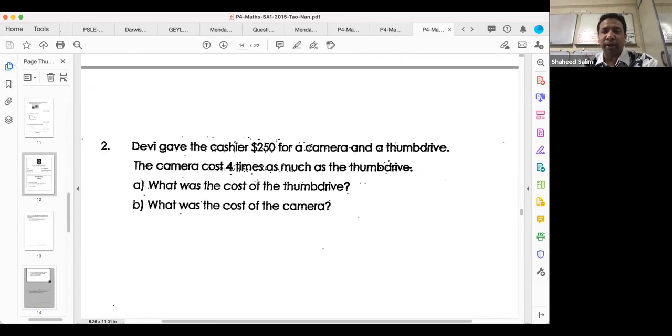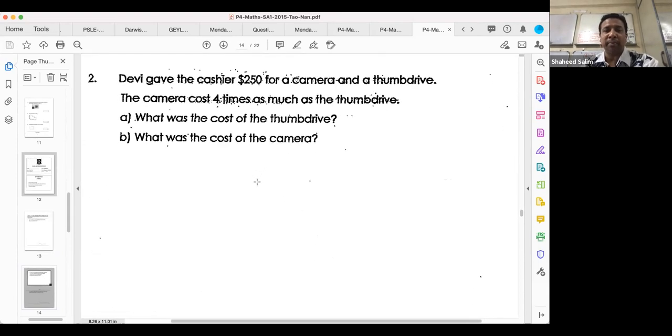You know what's a thumb drive, right? But never mind lah. It's something that you can draw a model if you want to.